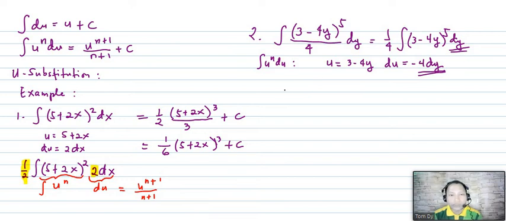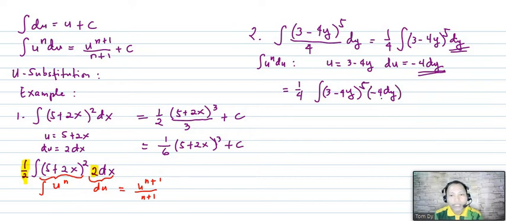So our solution now is 1/4. I will write it first. 1/4 the integral of 3 minus 4y raised to 5. Now instead of writing dy, I will write negative 4 dy. Of course, I will write open and close parentheses because we have a negative sign.